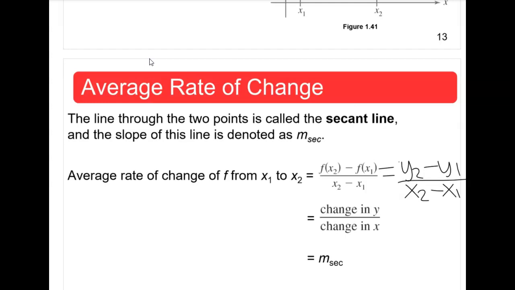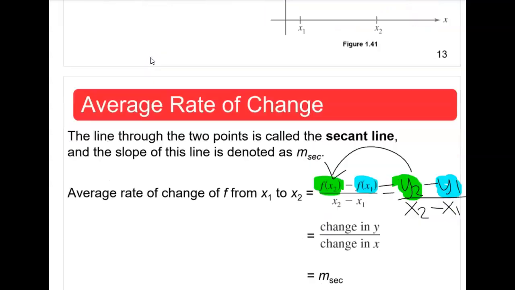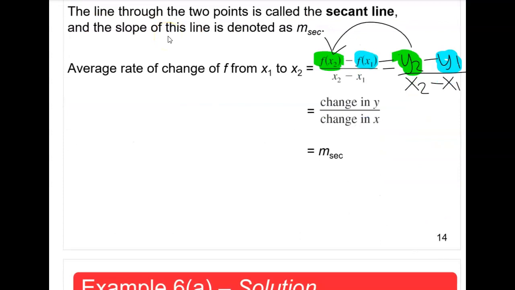Here we're using the exact same thing, but instead of calling it y sub 2, we call it f of x sub 2, which is the same thing. It's just the output when x is equal to x sub 2. And for y sub 1, we are replacing that with f of x sub 1. That will be the same formula as the slope.